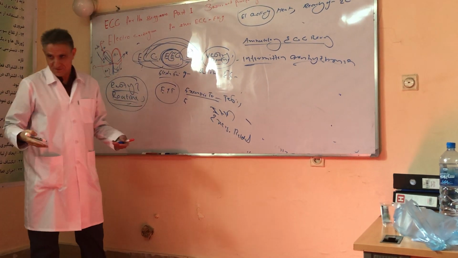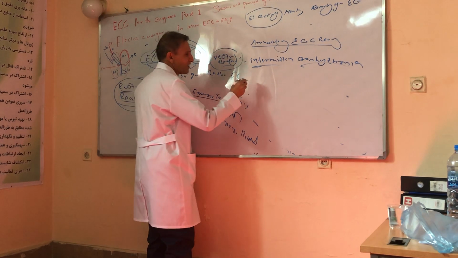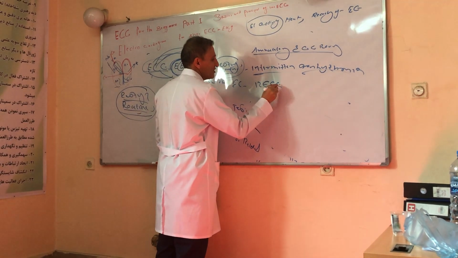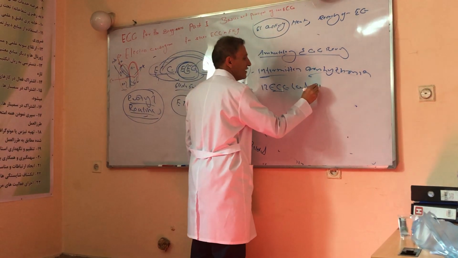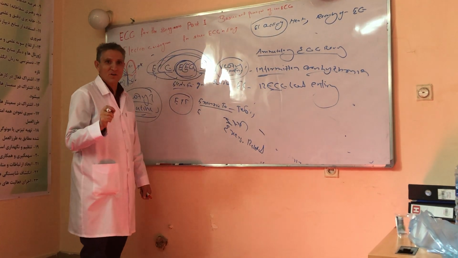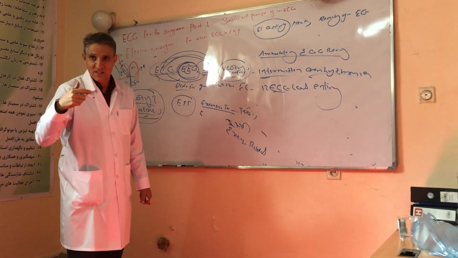Between 2 episodes of intermittent arrhythmia, the 12 lead ECG is entirely normal. Those people who have intermittent arrhythmia, sometimes the attack comes and sometimes it is off.